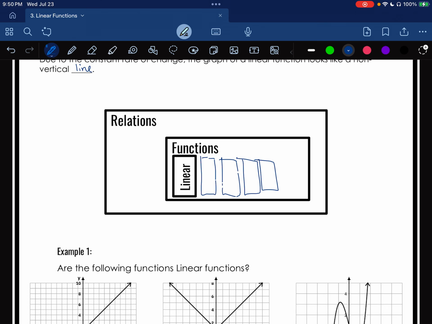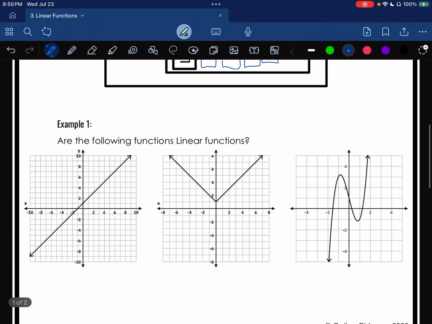All right. So if the graph of a function is going to be a linear function, it's going to be a straight line. It's going to have a constant rate of change. So linear means it's going to be a line, not vertical, with a constant rate of change.